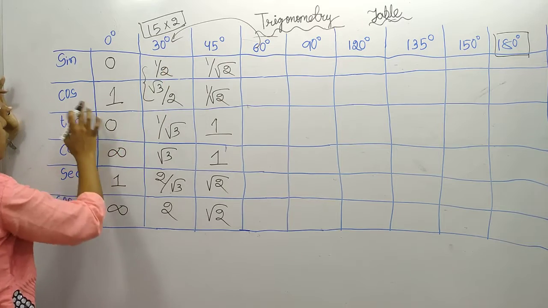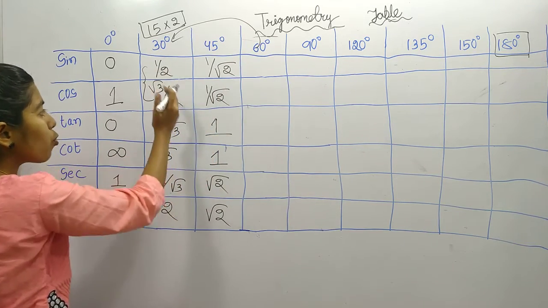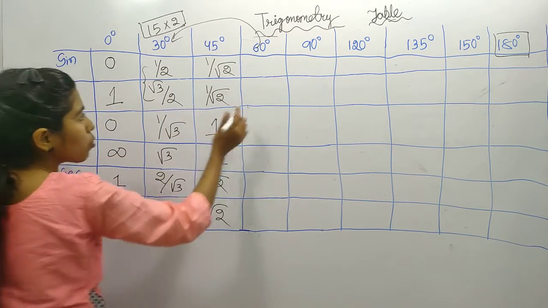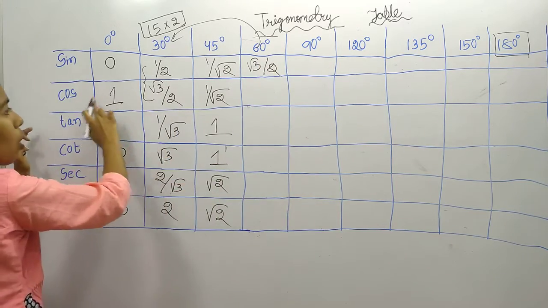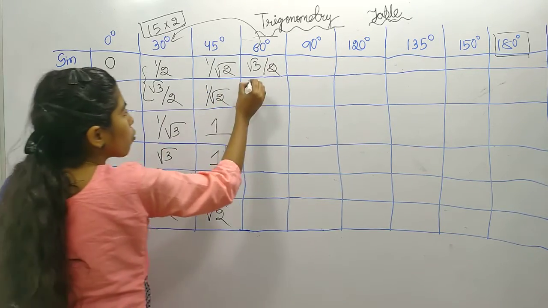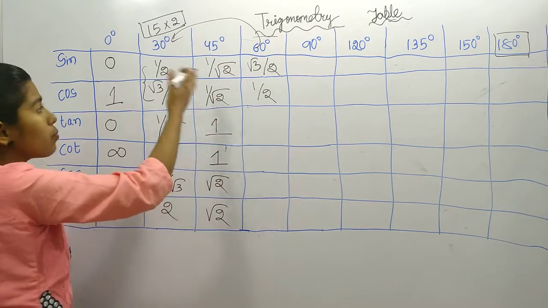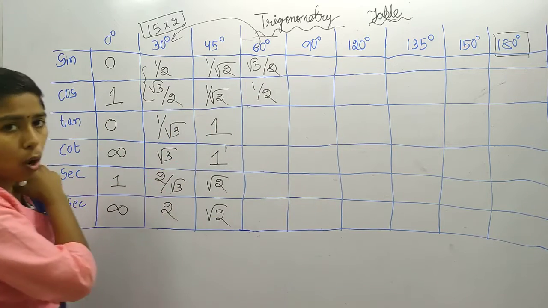Sin is 1 by 2, cos 30 is root 3 by 2. So, in 60 degree you have to only exchange the values. What will happen? Sin 60 will be root 3 by 2 and cos 60 will be 1 by 2.